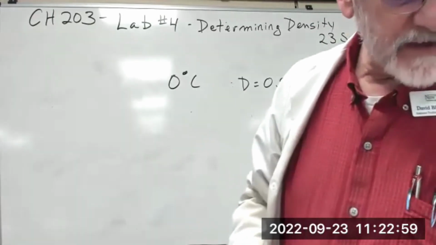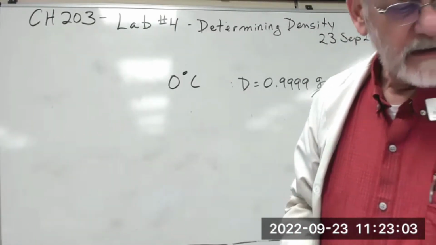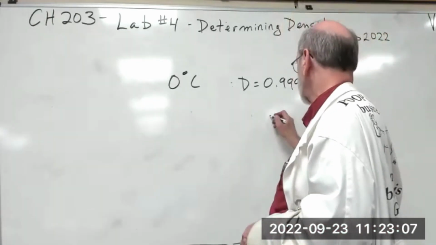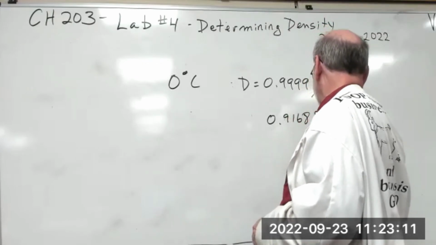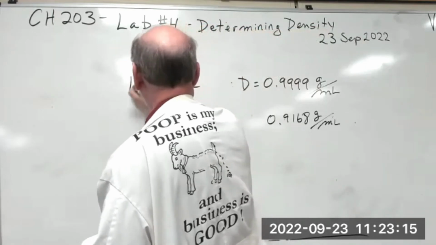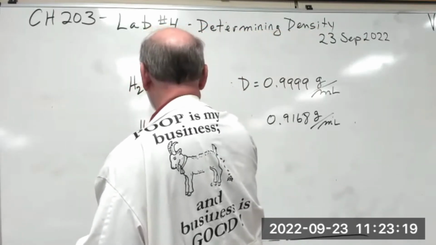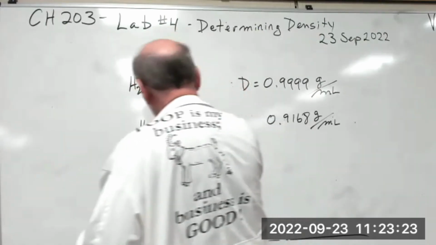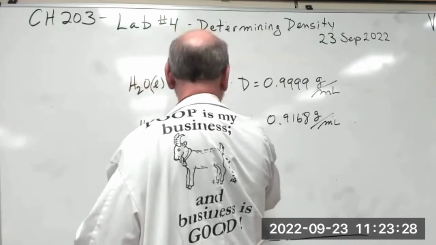The density of ice at 0 degrees is 0.9168. So this is liquid water, and this is solid water at 0 degrees.